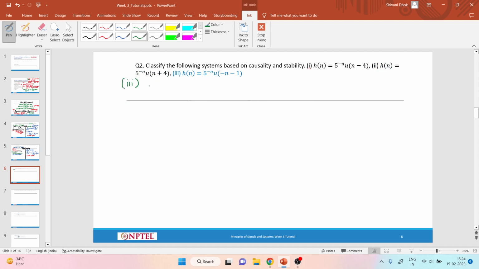So this third one has an impulse response of h of n equal to 5 power minus n u of minus n minus 1. So if I sketch it, this u of minus n minus 1 basically starts from minus 1, and at minus 1 its value is 5 power minus 1, that is 1 by 5.